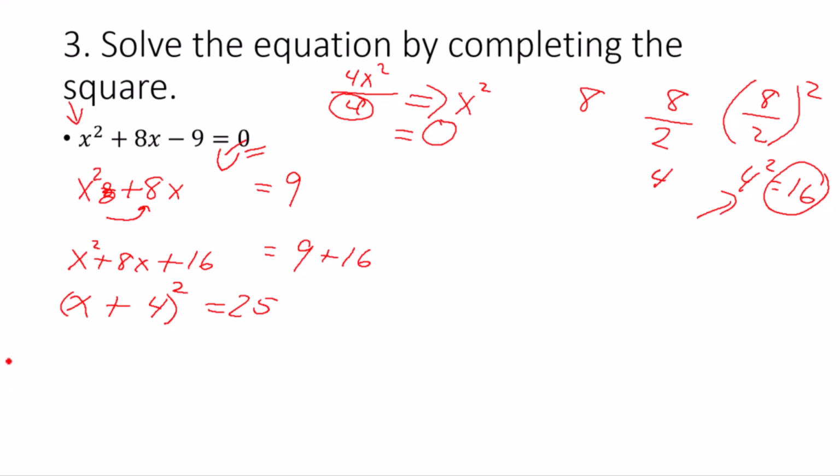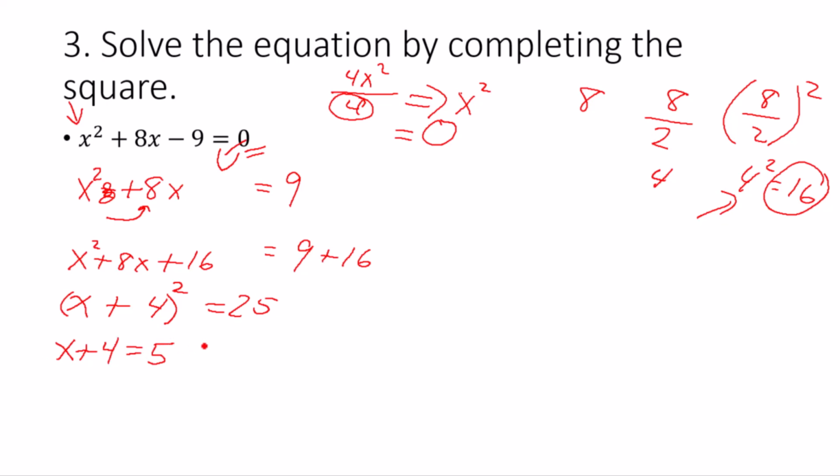Following that, we use the square root property and take the square root of both sides. Now, here's a tip for you. This probably obvious is x plus 4. The square root of a square is the number itself. And the square root of 25 is 5. But don't stop there.